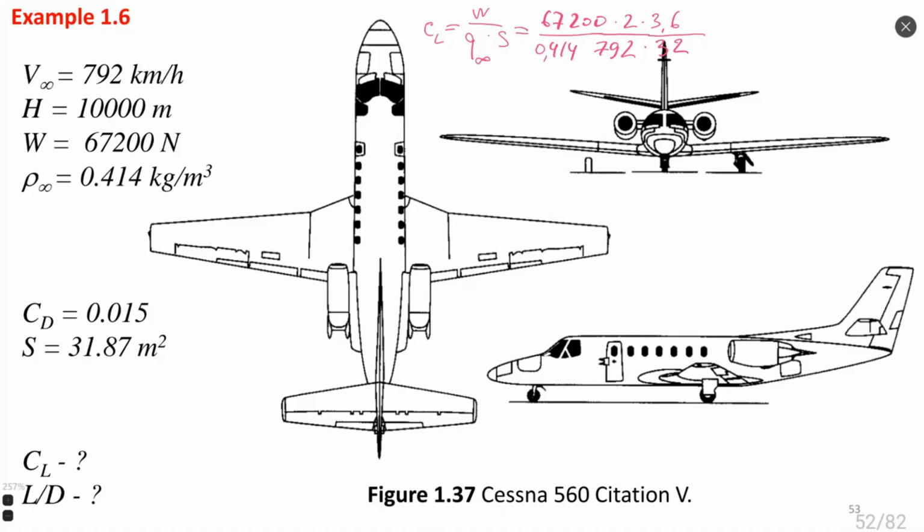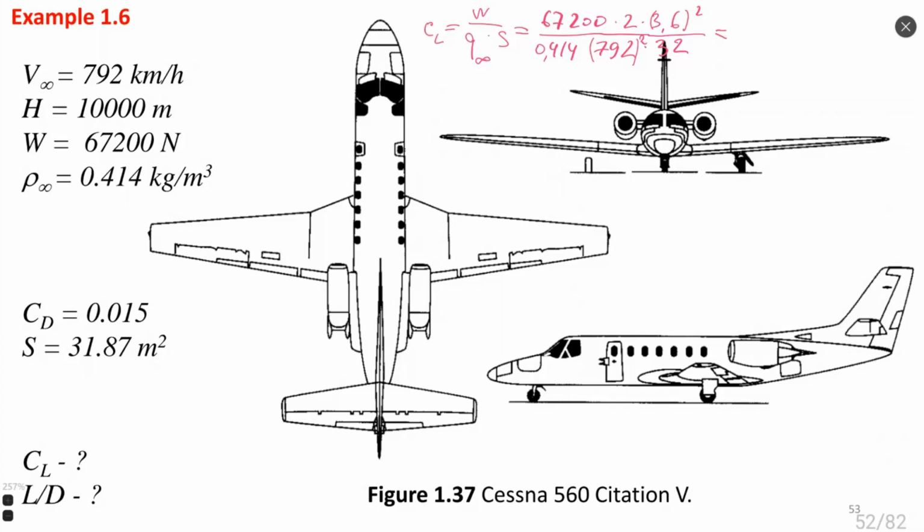So velocity squared, right? And 3.6 should also be squared because of this. So, okay, I hope now it's better. Please check if some error appeared, let me know. And meanwhile, I will calculate.